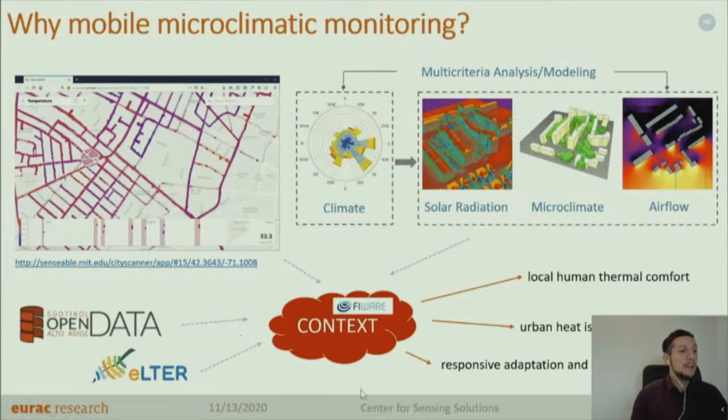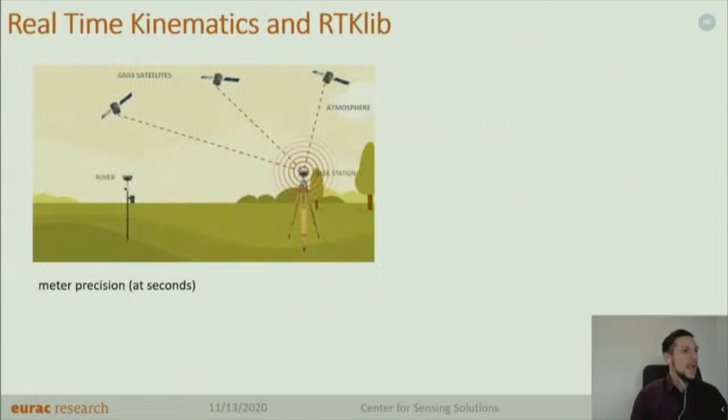By building up the context information, we will be able to provide citizens as well as policy and decision makers with added value information and, for instance, enhance the well-being of citizens, as well as support adaptation and mitigation strategies that should be put in place to cope with the current climate change.